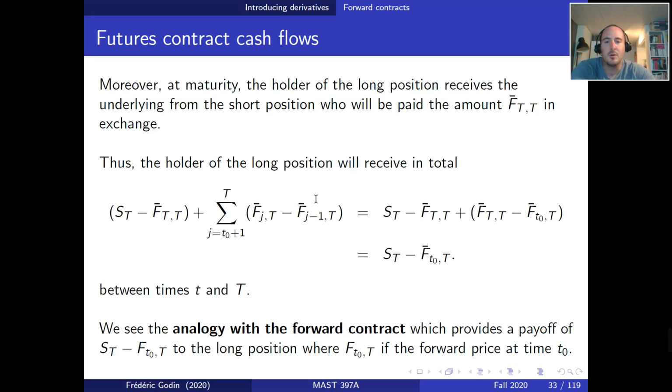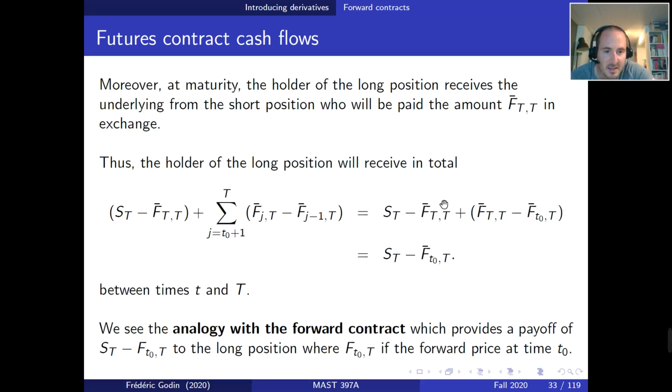You can notice that the second sum is telescopic, which means that all the successive terms cancel out each other, and what remains at the end is simply the last term of the sum minus the initial term of the sum. So this summation can be expressed as F bar capital T minus F bar T0.